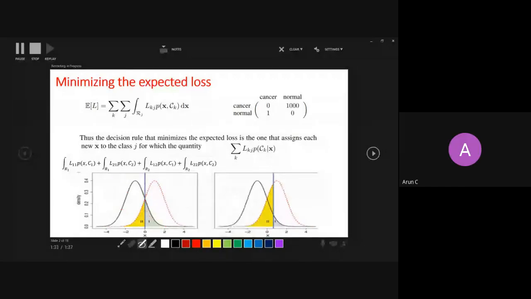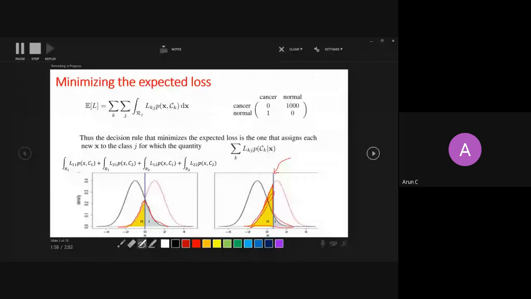Yes, the area under the curve for error is minimum in this case only. For example, if you take this decision boundary, the area for error will be this one.